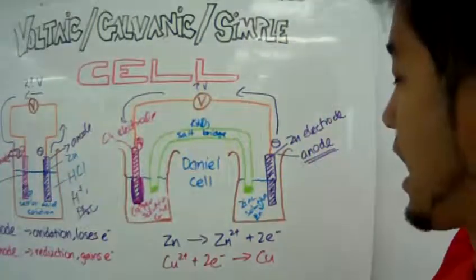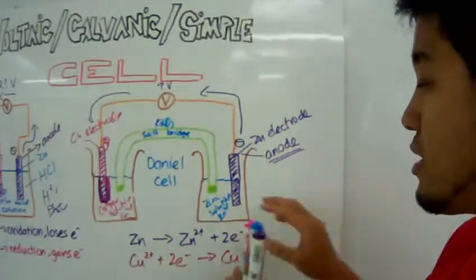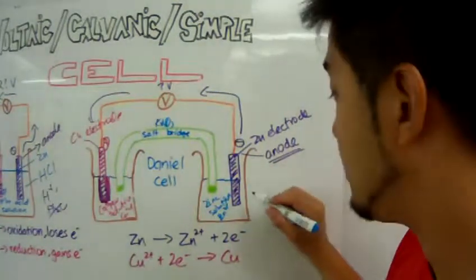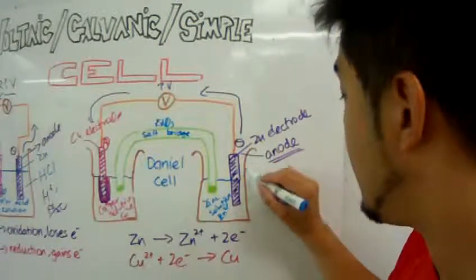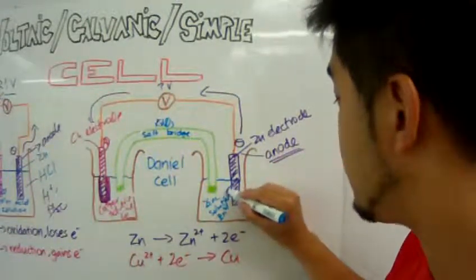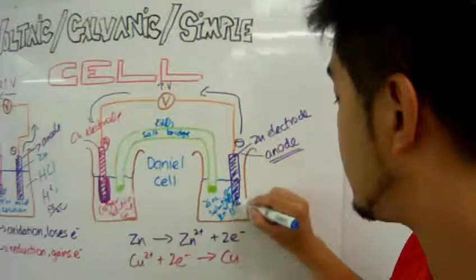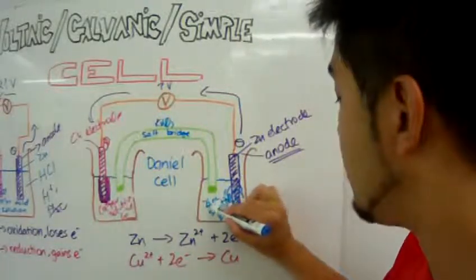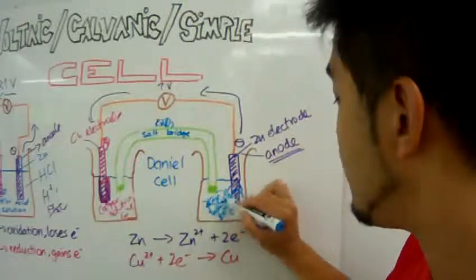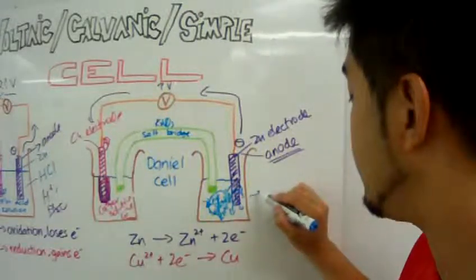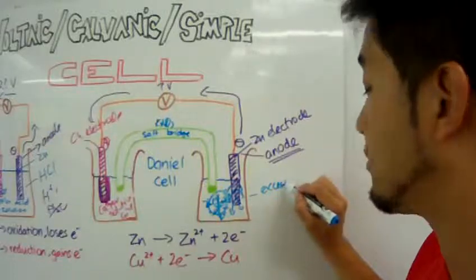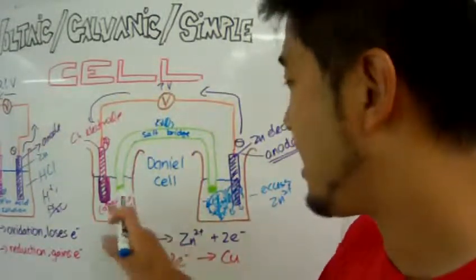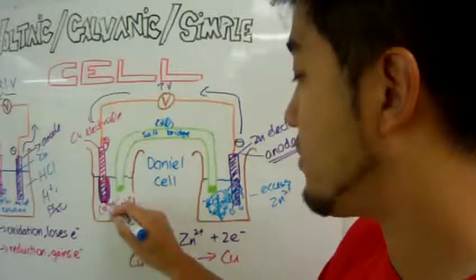As this is happening, you have to imagine what's happening in the solutions. In the zinc solution, the zinc metal is being liberated as zinc ions. So this whole solution becomes more and more positive because of the excess zinc ions. On the other end, you have the copper solution.